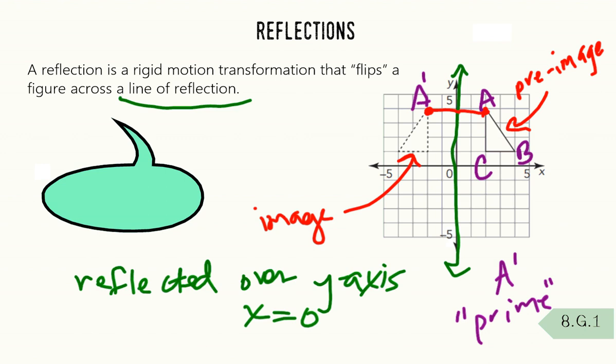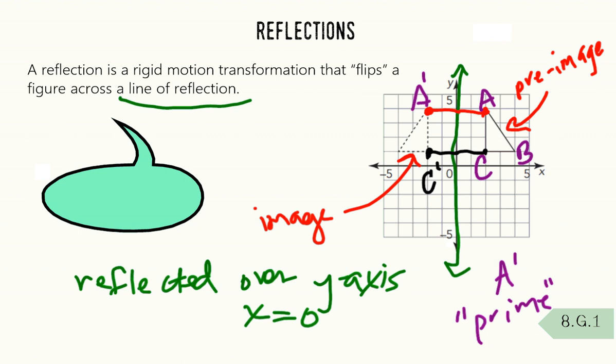Let's go ahead and reflect point C. Point C is also 2 units away from my line of reflection. Therefore, my new point C, 1, 2, will also be 2 units away, just on the other side. I would like to call this point C. However, it is my new point C, so I will call it C prime. That lets me know C has transformed.